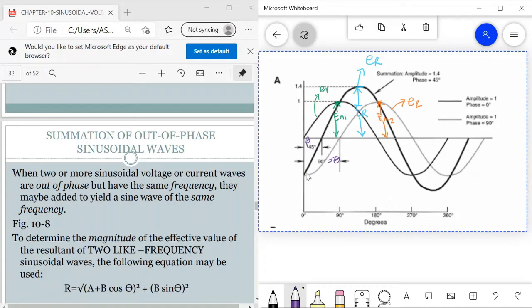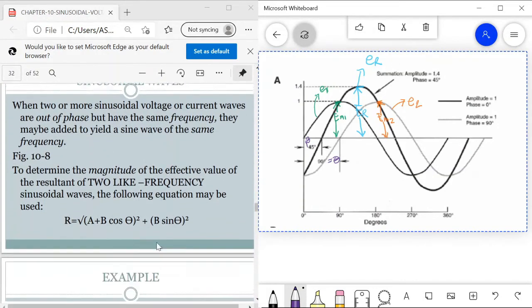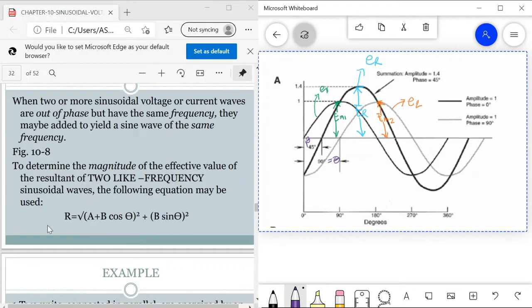So, paano natin makukuha yung magnitude ng E resultant? So, ito yung equation ng resultant of the two waves. R is equal to square root of (A plus B cosine theta) squared plus (B sine theta) squared.